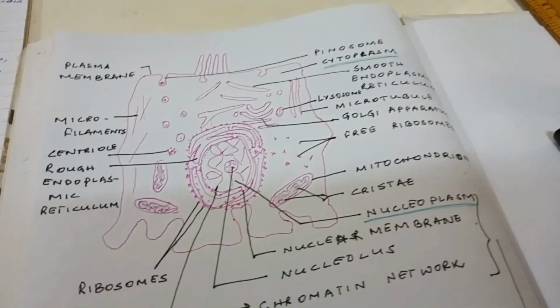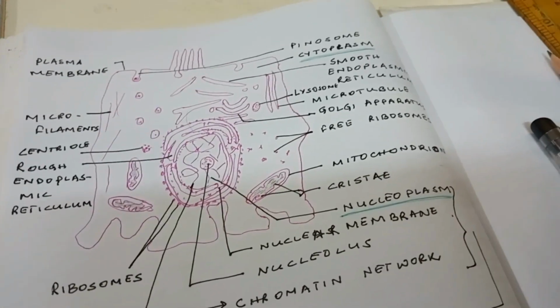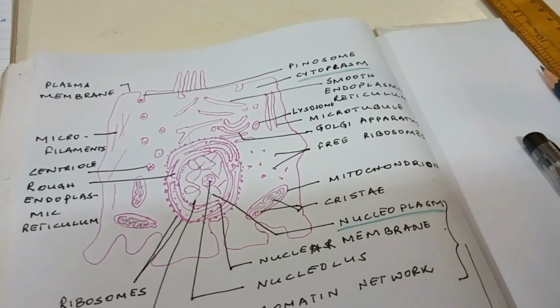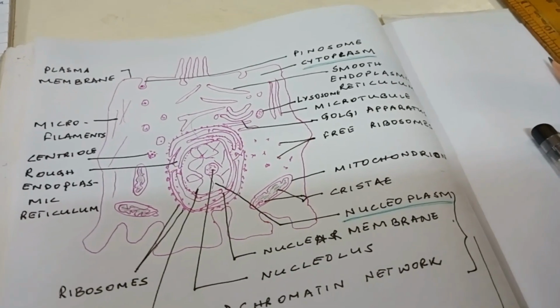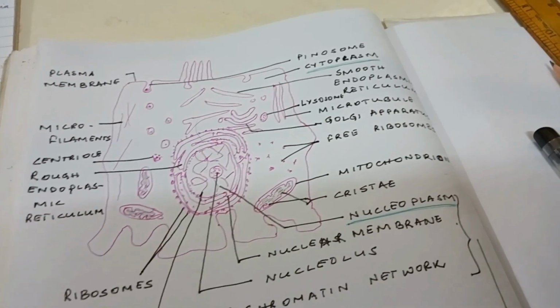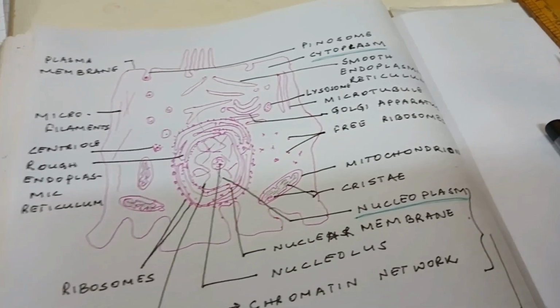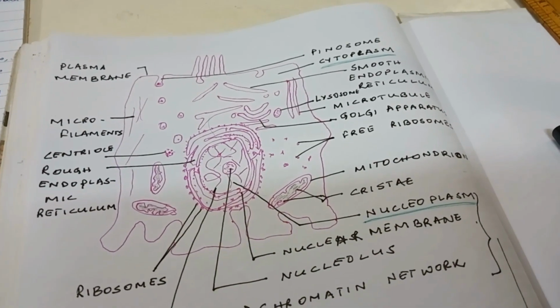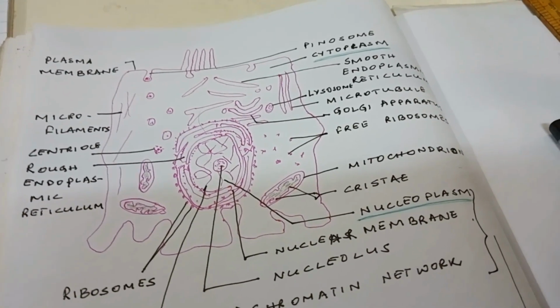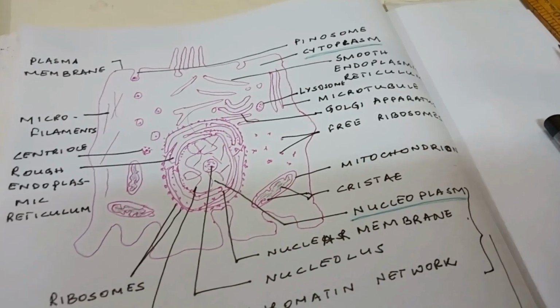Now, the characteristic features of the cytoplasm are that it is a jelly-like mass of protoplasm. It is optically homogeneous and translucent. It is also known as the hyaloplasm.